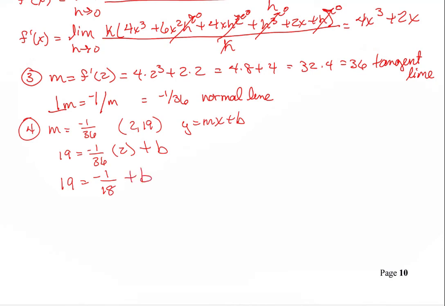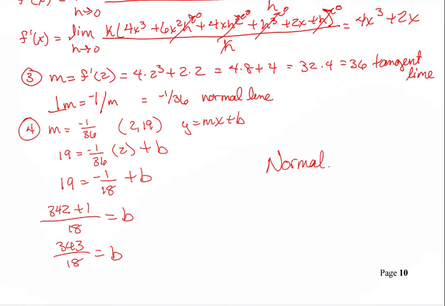So then I get 342 over 18 plus 1 over 18 equals b. So 343 over 18 equals b. So my normal line is y equals -1 over 36 x plus 343 over 18.